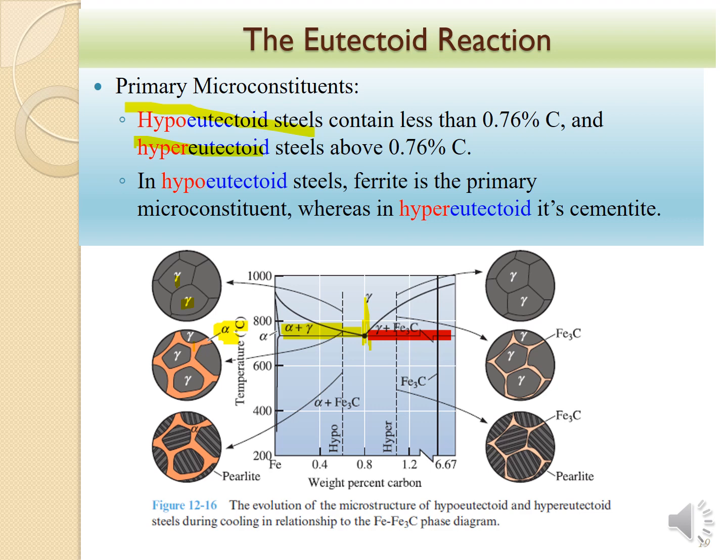And when we reach the eutectoid temperature, the remaining austenite will all transform into pearlite. So that means in the hypoeutectoid steel, ferrite is the primary microconstituent, and then we have the pearlite with ferrite.